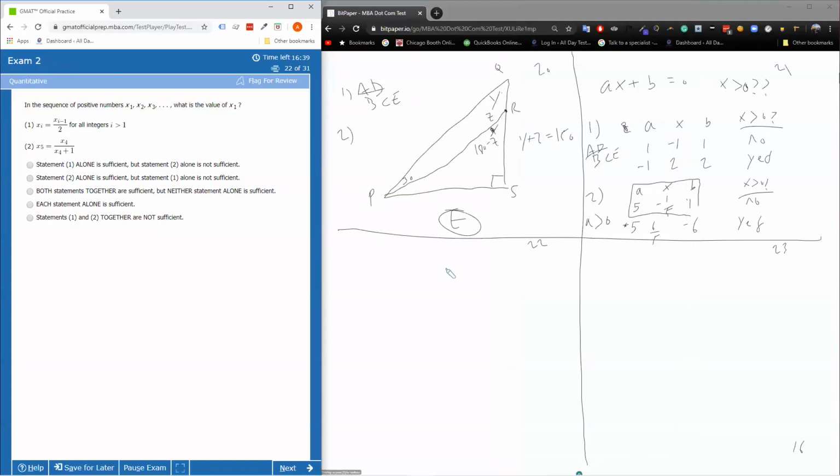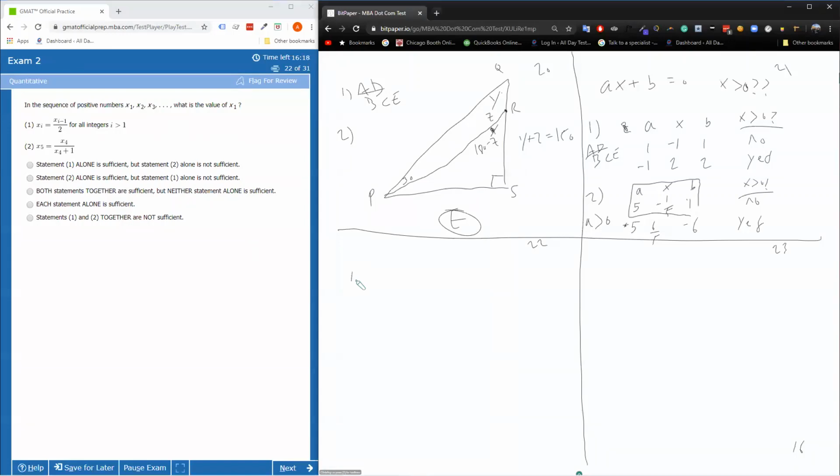I think this is saying any number is equal to the number before divided by 2. So 1, 1/2, 1/4. I could also have 2. So this doesn't tell anything about the first number.